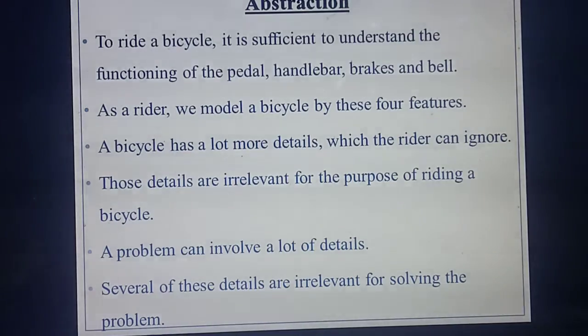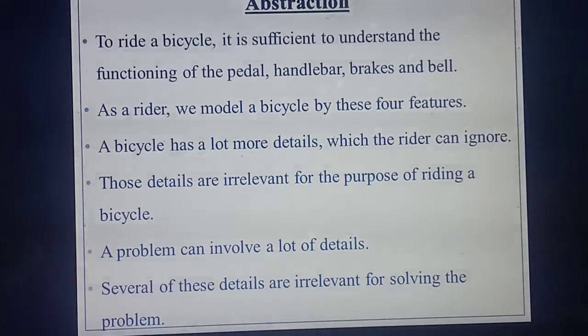In the same way, if you are going to learn to ride a bicycle, a lot of parts will be there. Which are the 4 important things you need to know? You should know the function: what's the use of the pedal, the handlebar, the brake, the bell? These are the basic, important things.